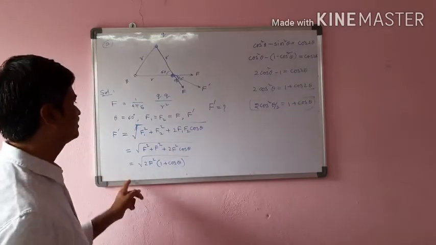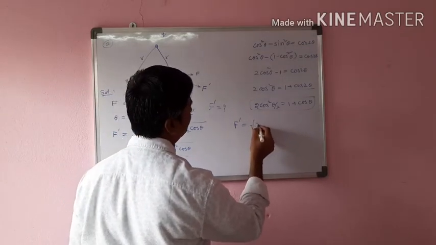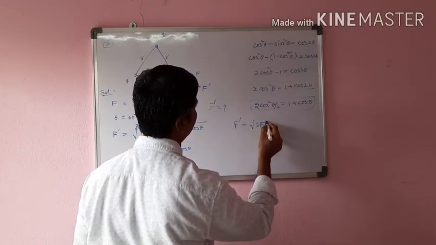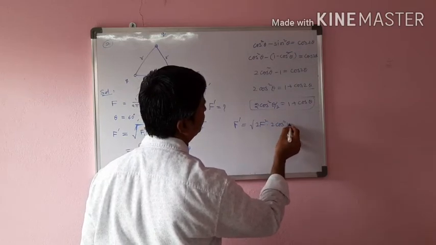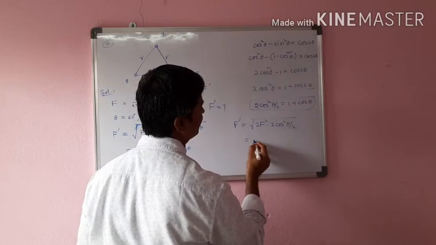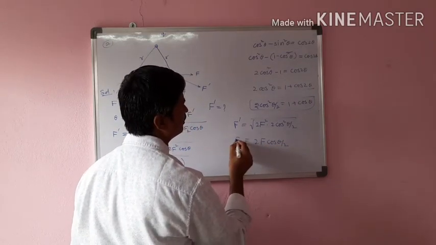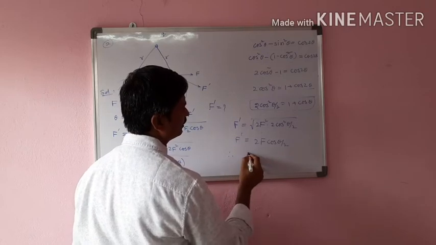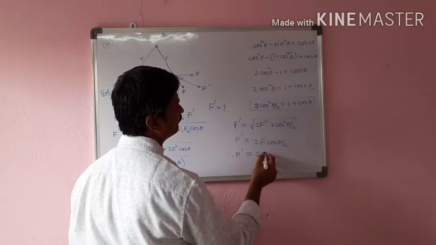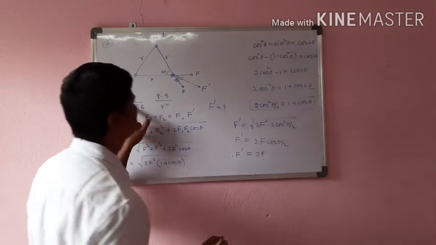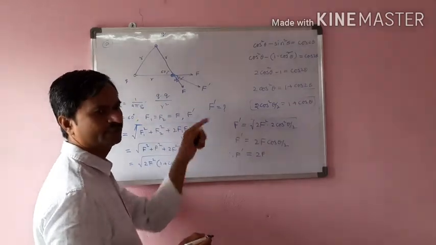Substituting this in this equation, we get F dash is equal to square root of 2F square into 2 cos square theta by 2. There we get simply 2F cos theta by 2. So therefore, F dash is equal to 2F into cos theta by 2, which is 60 by 2, that is equal to cos 30.